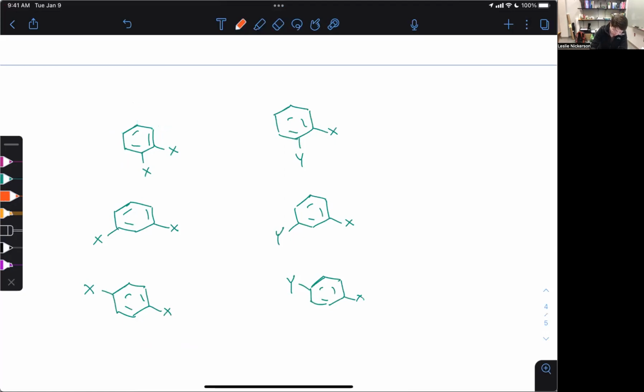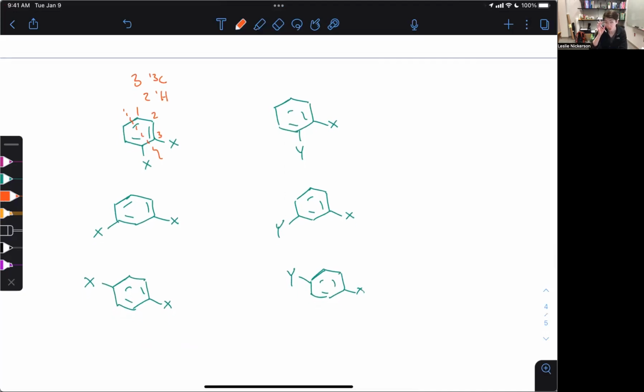So if I've got this one, I've got a mirror plane right here. So that's going to be 1, 2, 3 carbons. And we're going to have 2 protons. Okay, and we're talking about individual environments.